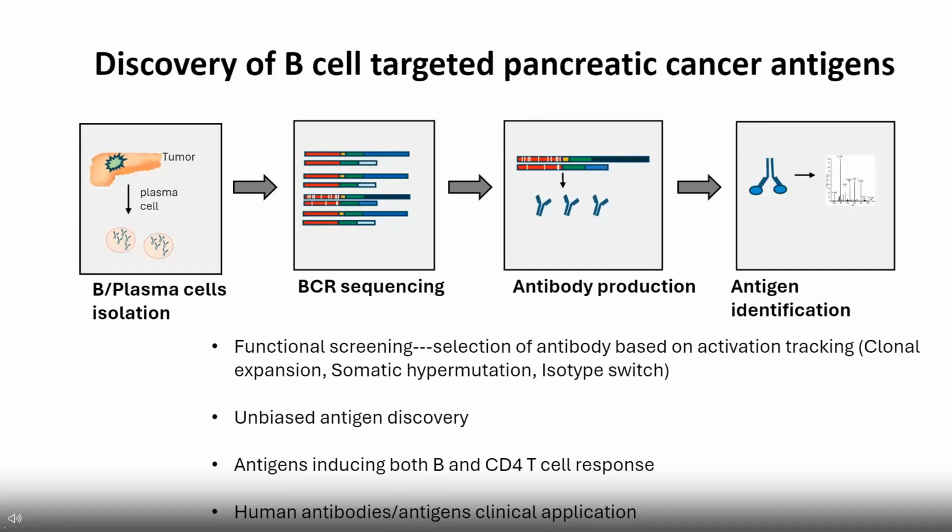We don't need to sequence the genome, and the antigen does not have to be a neoantigen with a mutation. You can potentially identify abnormal post-translational modifications or even self antigens. And because a typical B-cell response also requires B and T cell activation, the antigens we identify can induce not only the B-cell response but also a CD4 T cell response. Because we are working with human samples, the identified human antibodies and antigens can have direct translational applications.